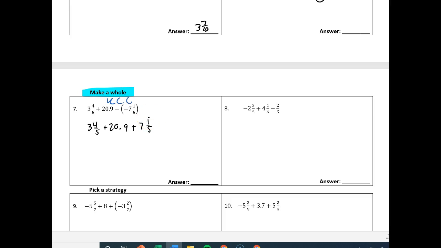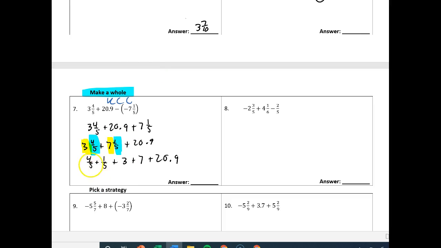Let's use the commutative property of addition to put 3 and 4/5 plus 7 and 1/5 next to each other plus 20.9. And then let's even do this a little bit more and say 4/5 plus 1/5 plus 3 plus 7 plus 20.9. Hopefully you'll see there what I did was I took the whole numbers and I put them next to each other, and I took the fractions and I put them next to each other.